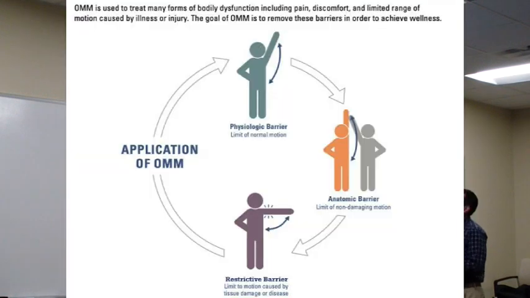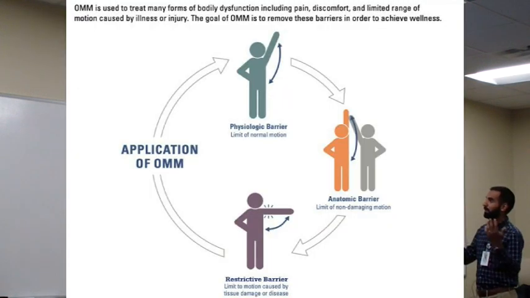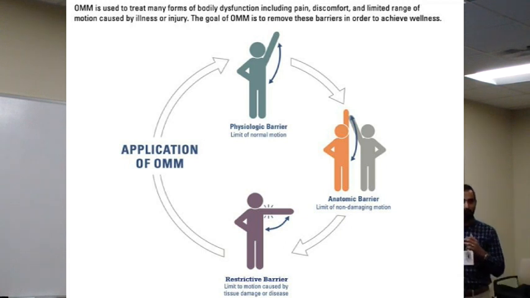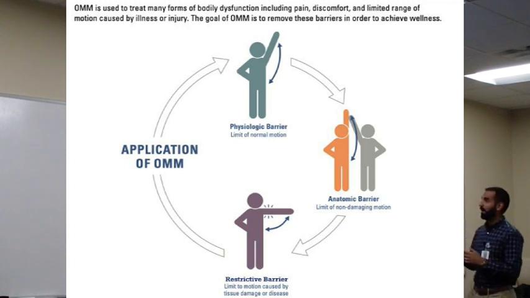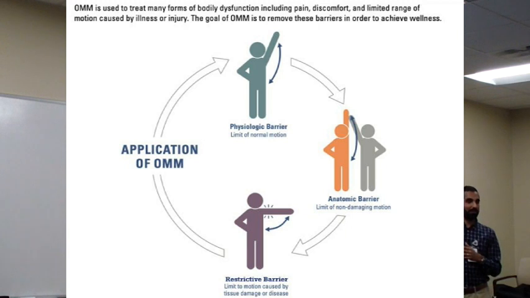Okay, so how does OMM really play into this? In the types of dysfunctions that involve restrictive barriers, that's the key thing that we're addressing. A lot of the manipulations deal with the restrictive barrier. Just to remind you all, the physiological barrier is the normal function.